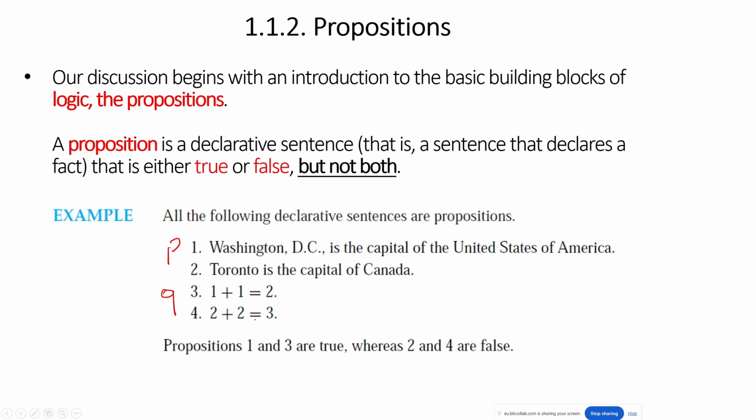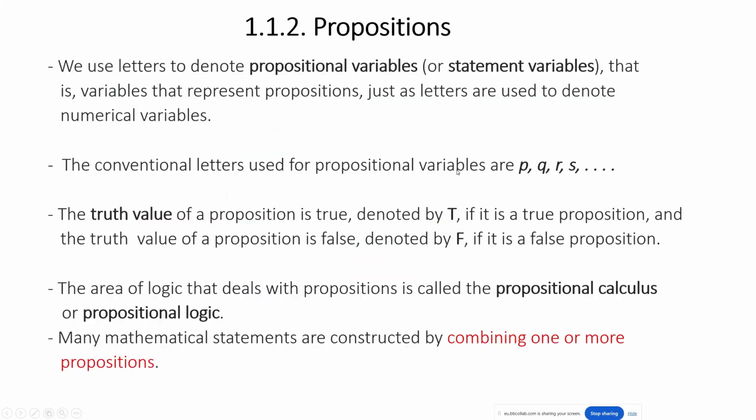Then I can say P is true or false, or Q is true or false. We start with P because of proposition, and then P, Q, R, S, and T, and then you keep going. And the truth value is either true or false. That's the truth value of a proposition.